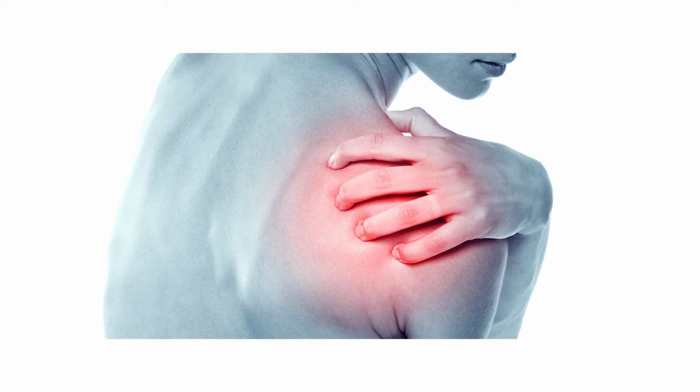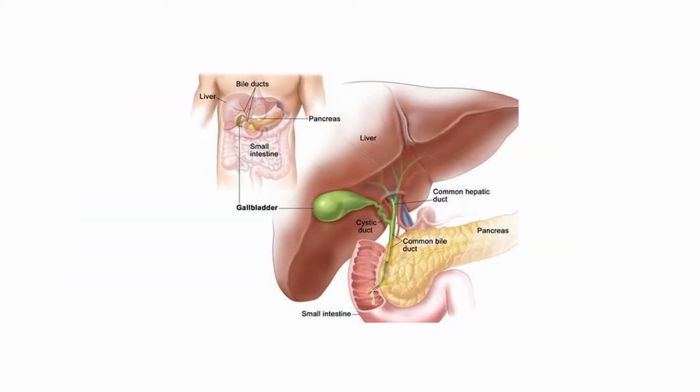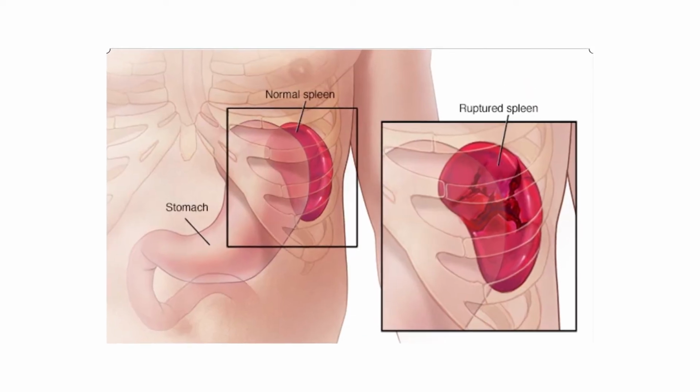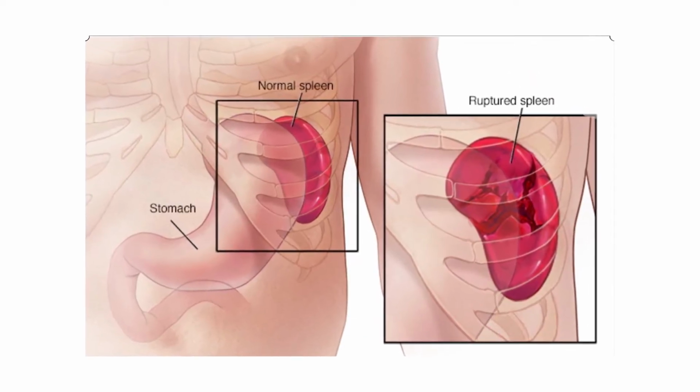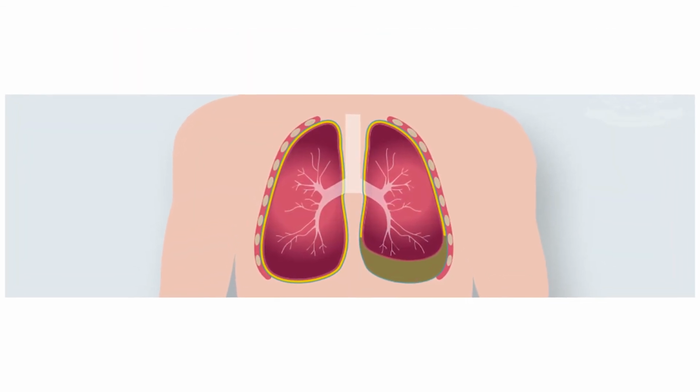Pain on the right shoulder occurs due to inflammation of gallbladder, while on the left shoulder it is due to splenic rupture. Pleural effusion causes obliteration of costodiaphragmatic recesses.